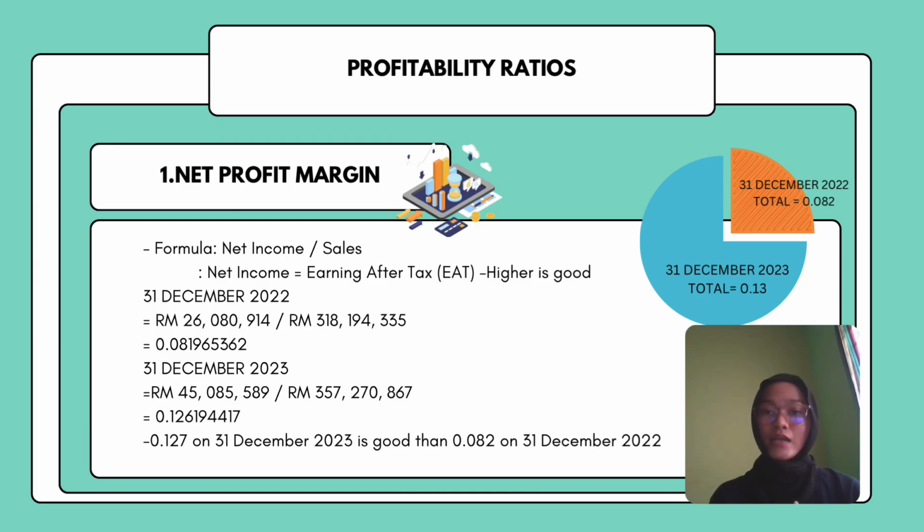So for 31 December 2022, Hap Seng got 0.081, and for 31 December 2023, they got 0.127. The 0.127 on 31 December 2023 is better than the 0.082 on 31 December 2022.